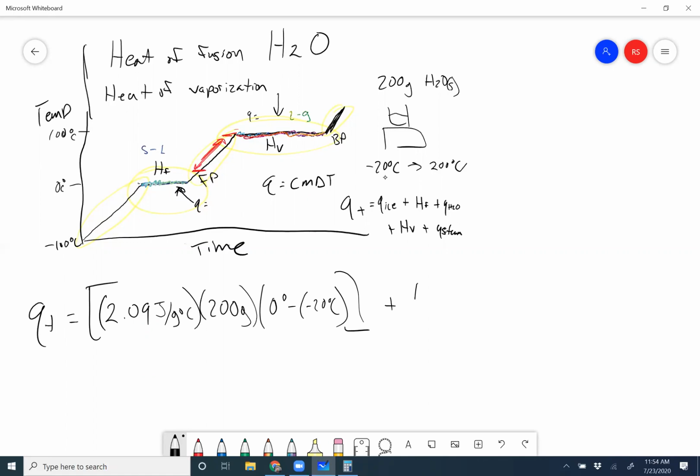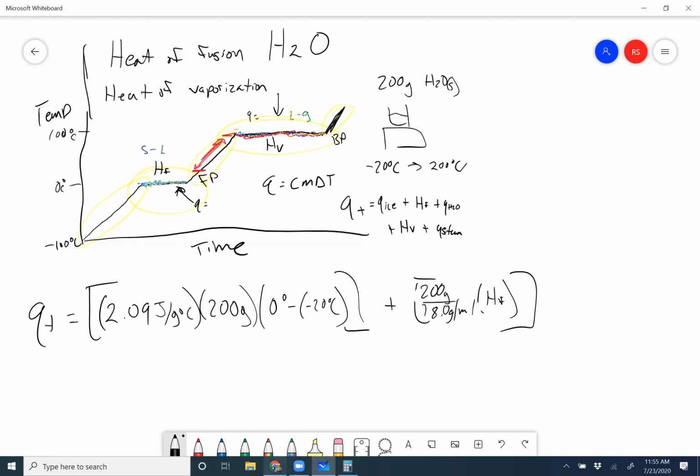Then we would have to add to that the mass, which in this case is 200 grams, multiplied by the heat of fusion. But in this case, the grams will have to be turned into moles. So we'll have to plug in the 200 grams divided by 18.0 grams per mole, multiplied by the heat of fusion.